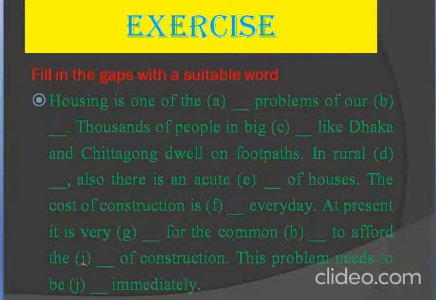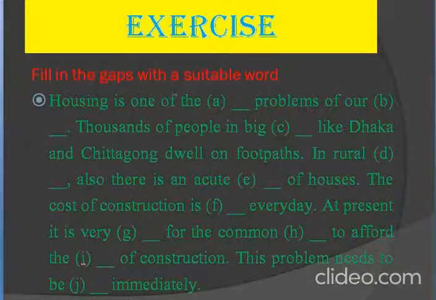In rural blank, rural is another adjective. So use a noun here. In rural areas, also there is an acute shortage of houses. The cost of construction is blank every day, is increasing. Here use a verb, increasing every day. At present, it is very blank for the common blank.